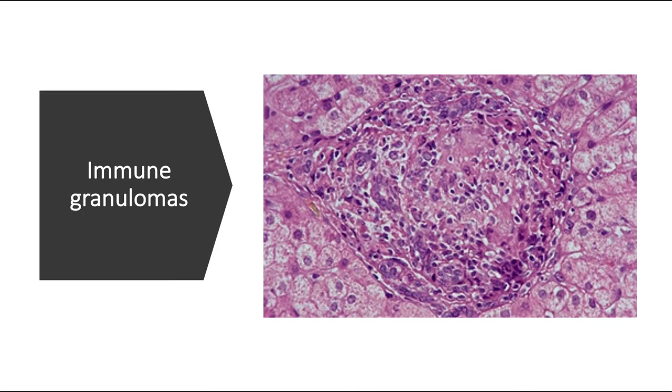On the picture, you see a granuloma on a liver biopsy. Granulomatous tissue carries a broad differential diagnosis. You should consider sarcoidosis, primary biliary cirrhosis, drug effect, tuberculosis if you see necrotizing, and schistosomiasis.